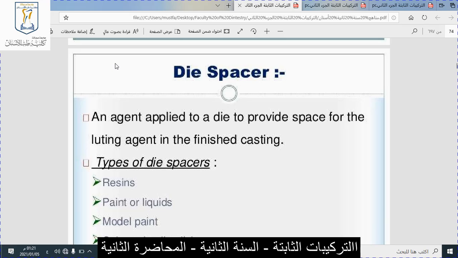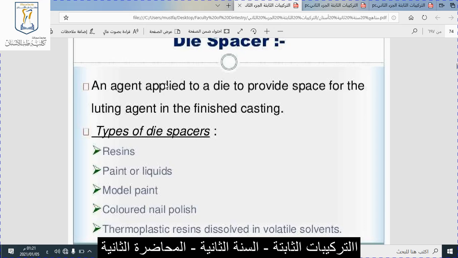So we have to put the spacers according to the type of cement to be used. The spacer gives space for cementation and assists in the seating of the restoration and easy cementation.